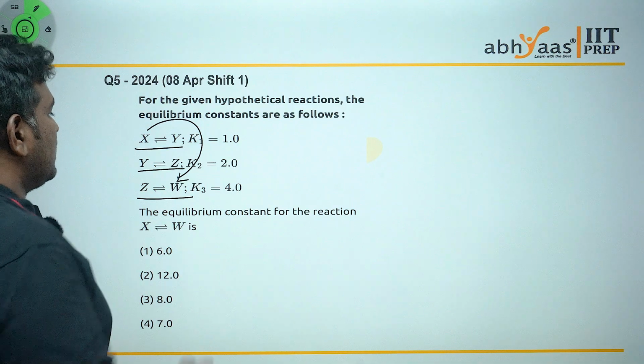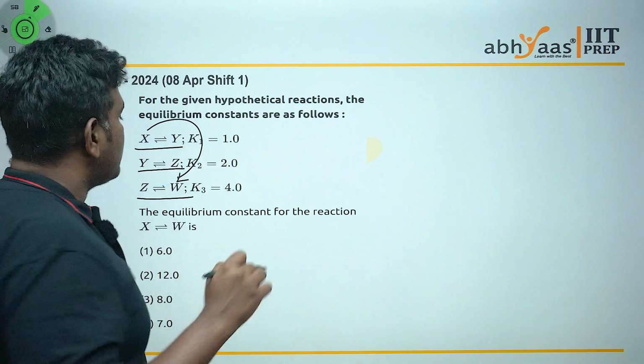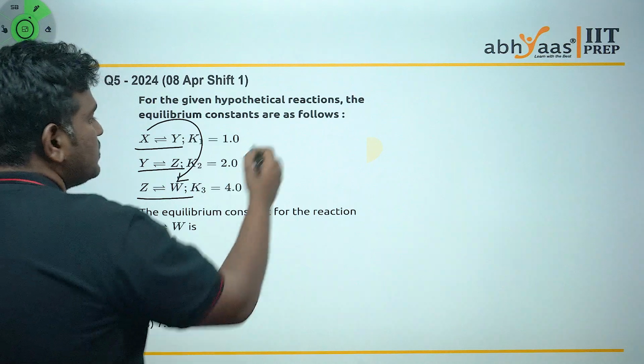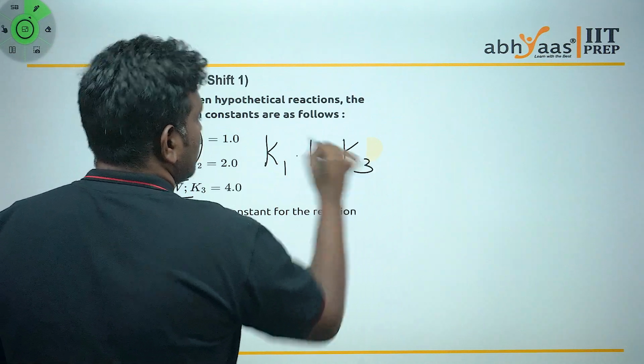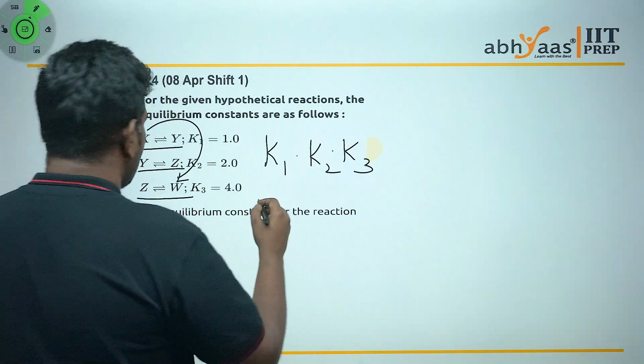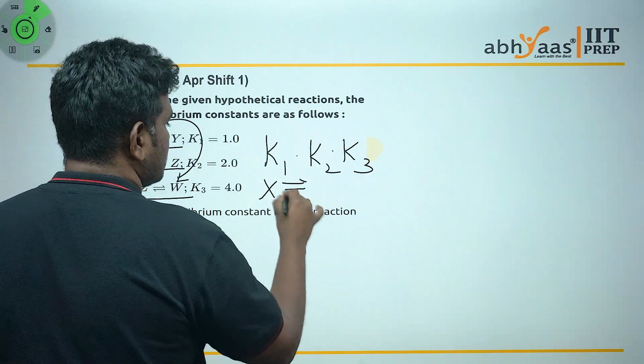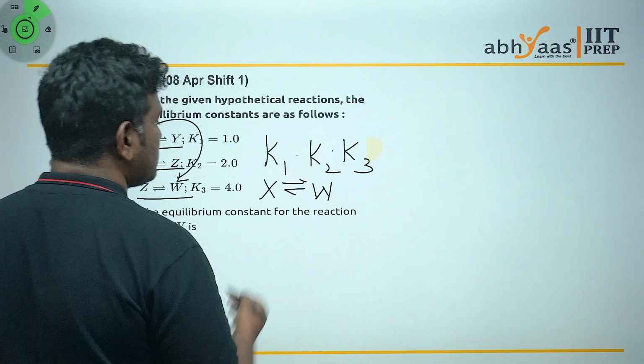That means for each reaction you have an equilibrium constant. If you take the product of each equilibrium constant, you will get the equilibrium constant of the last reaction. Okay, so it's a very simple step.